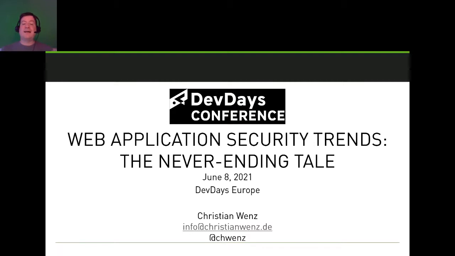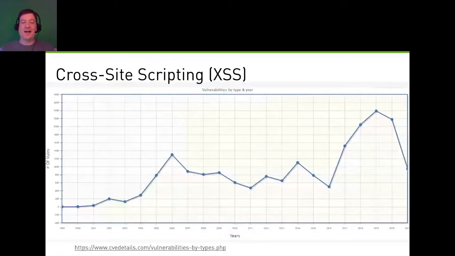And with that, let's start our whirlwind tour through the ever-changing web application security scene by one of the oldest attacks around, cross-site scripting. This might come as a surprise because cross-site scripting exists since 1999, 2000.